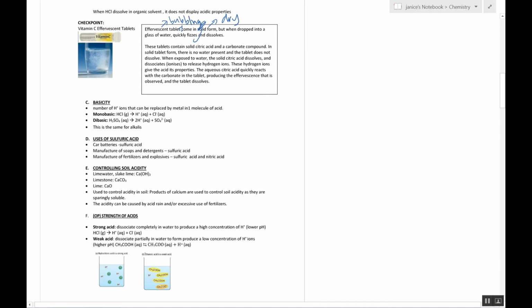So inside these effervescence tablets, what are they? They have solid citric acid and a carbonate compound. Carbonate, remember, is CO3 2-, and this one will usually give me CO2. In solid form, there is no water. The tablet does not dissolve. When exposed to water, the solid citric acid dissolves, and then it dissociates or ionizes to release your H+.